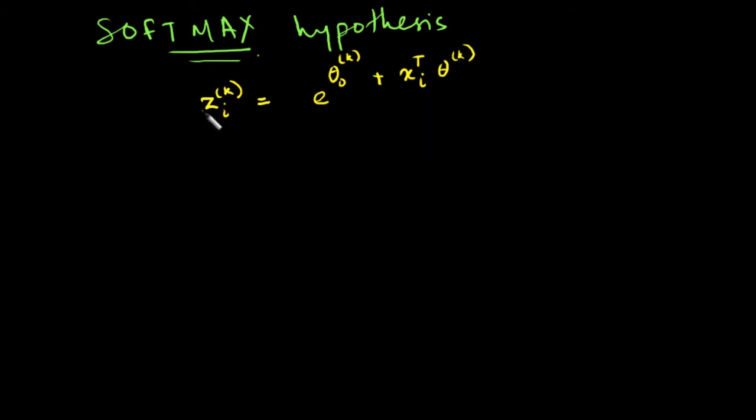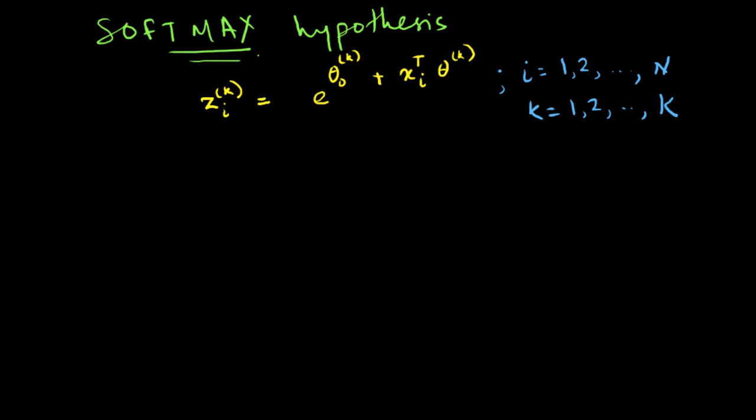So i goes from 1 to n, and the k goes from 1 up to capital K. So we have capital N number of data points and capital K number of categories. So now if you have a 3 category problem, your k will be 1, 2 and 3. But here we are writing the term in general.